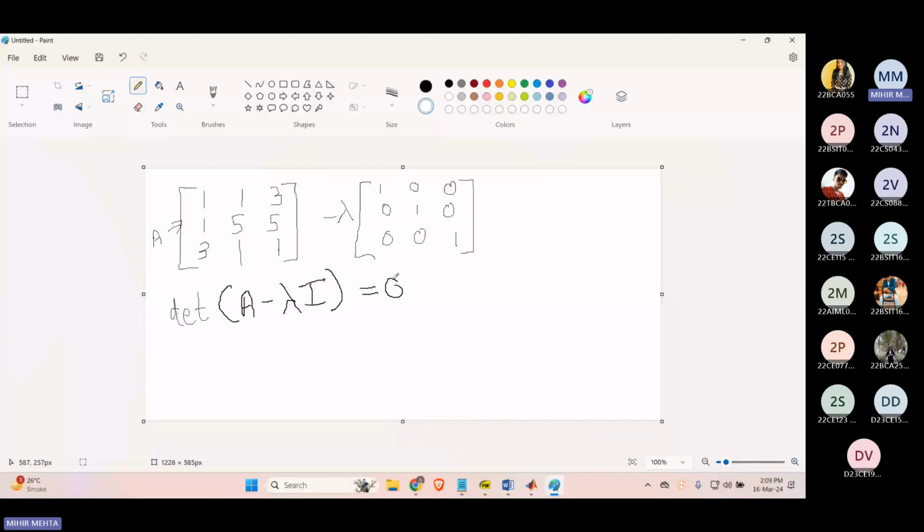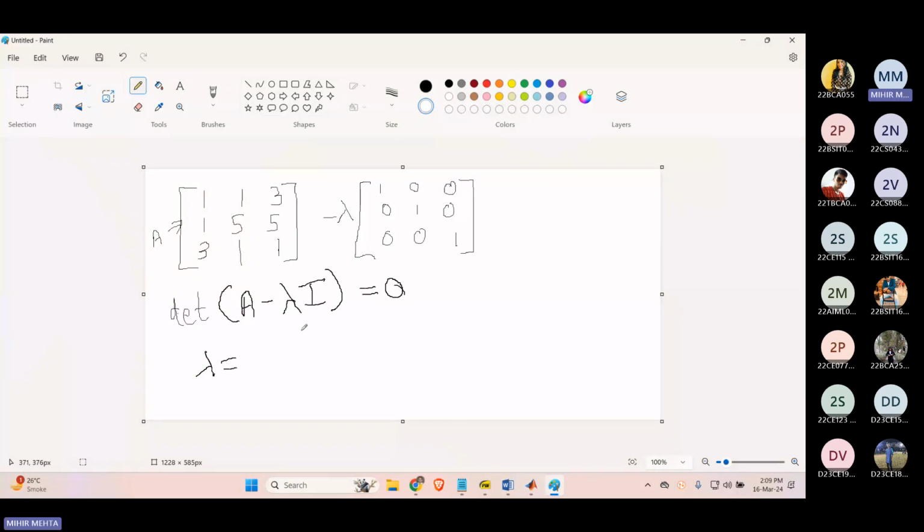Once you solve this determinant, you will get different values of lambda, or say you find different roots of this equation, which are nothing but my eigenvalues.